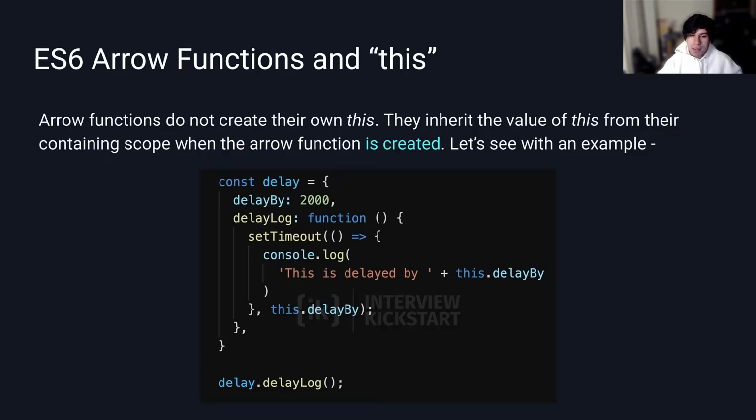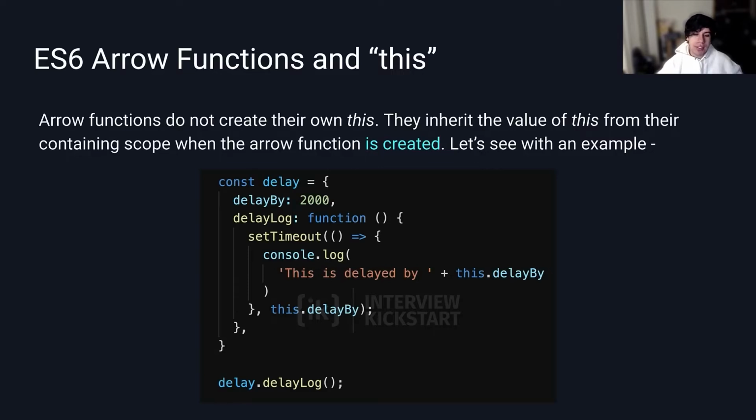And then inside of the setTimeout, because it's an arrow function and because we're creating it right when that delayLog function was called, the this in the arrow function is going to be equal to the this in the outer scope, which in this case is the delay object.